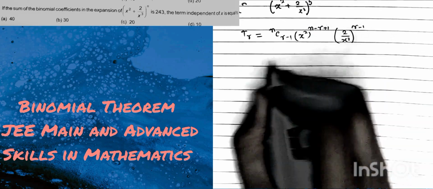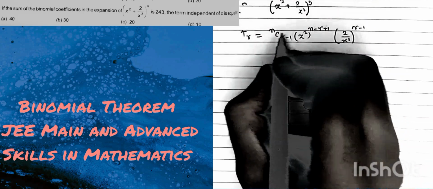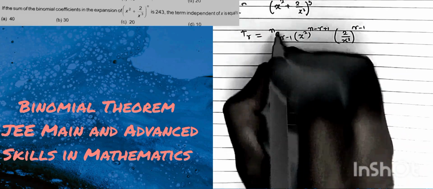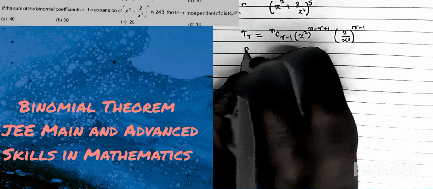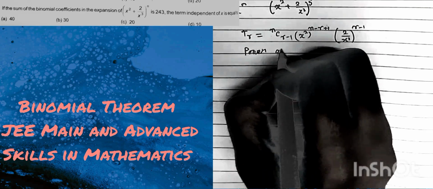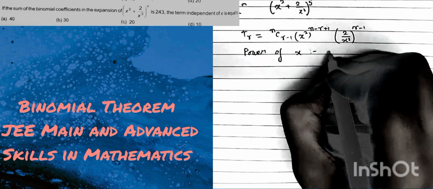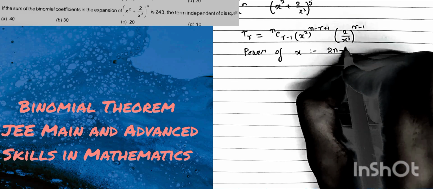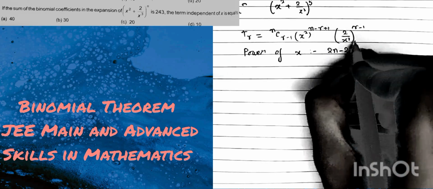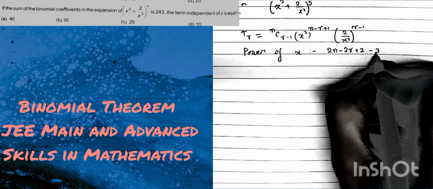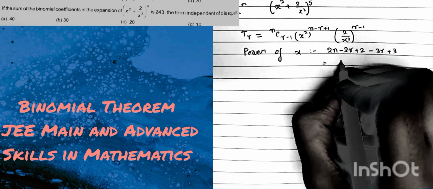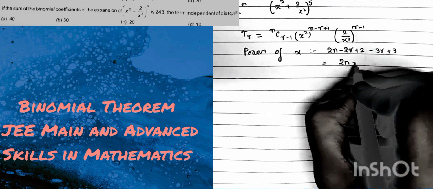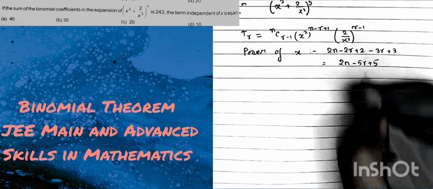If we write our rth term here, the value of n is 5, so we want to keep note of that. Further, if you look at the exponent on top of x, that is 2n minus 2r plus 2, and from here we get minus 3r plus 3. If we simplify this a little further, we get 2n minus 5r plus 5.